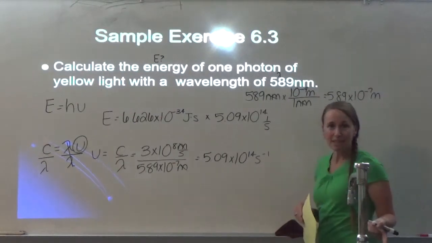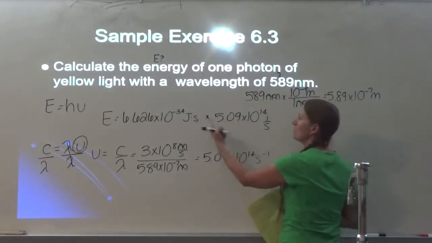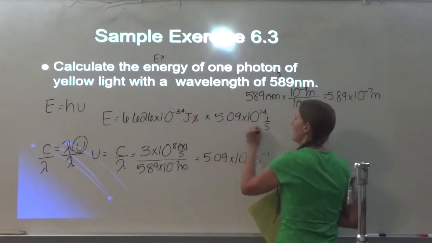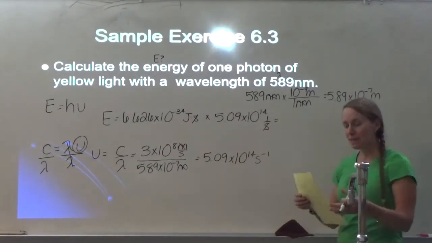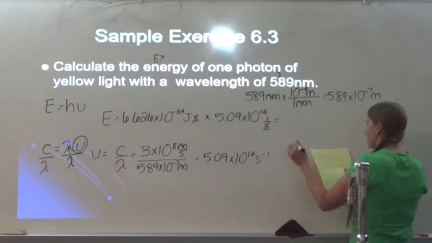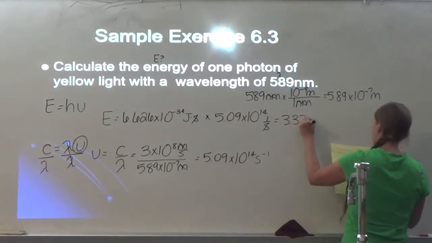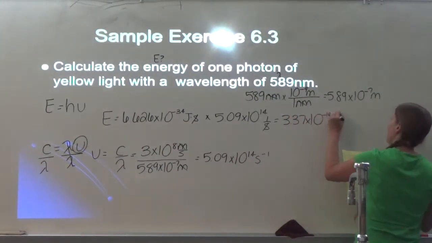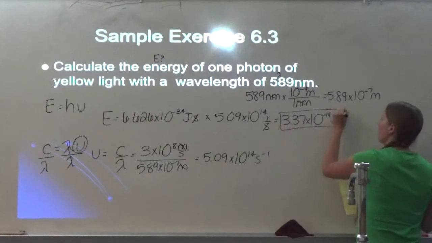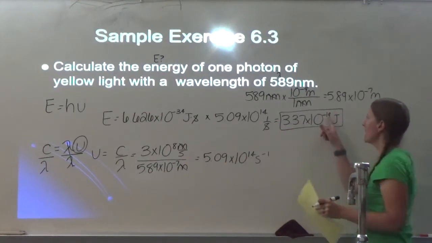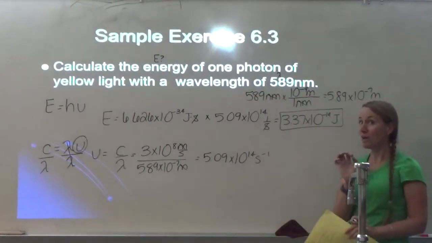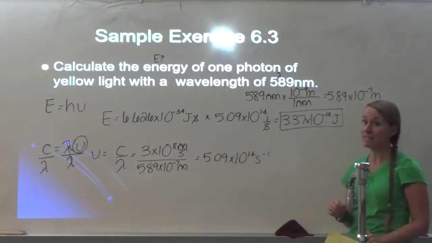You can still call it seconds to the negative 1. I just want to make sure you see that the seconds cancel. So I take my two numbers and I multiply, and I get 3.37 times 10 to the negative 19 joules. So just as we talked about on the previous slide, this is going to be a very small amount of energy, 10 to the negative 19.